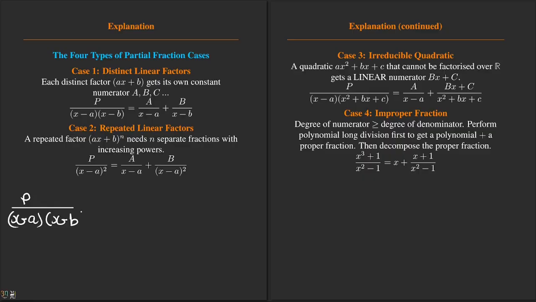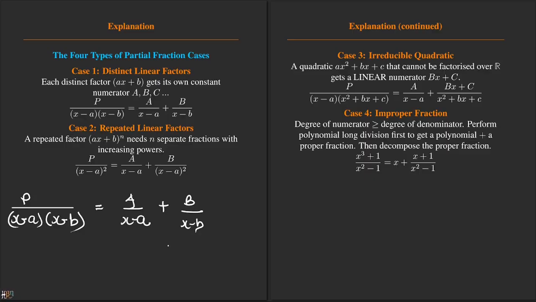If you want to rewrite this in terms of the original fractions that were added to give us this, then we say it is equal to a constant, A, over the first linear factor, x minus a, plus B, your second constant, over the second linear factor, x minus b. This is what we call distinct linear factors.